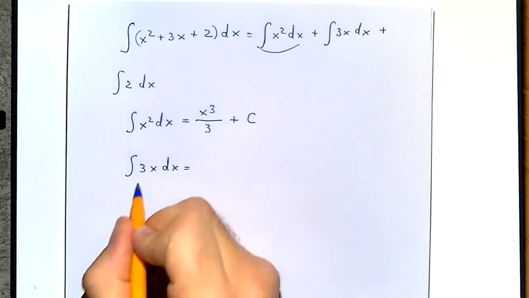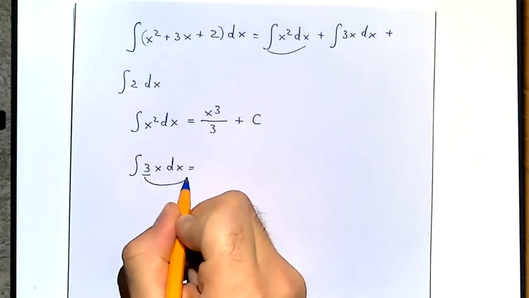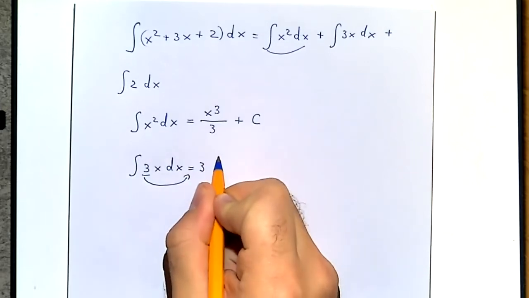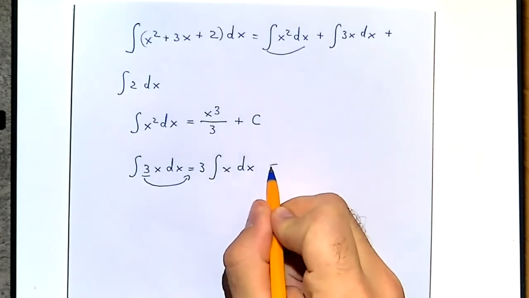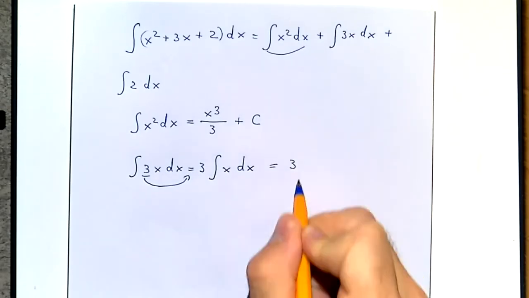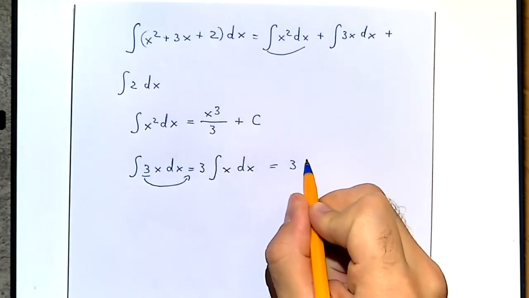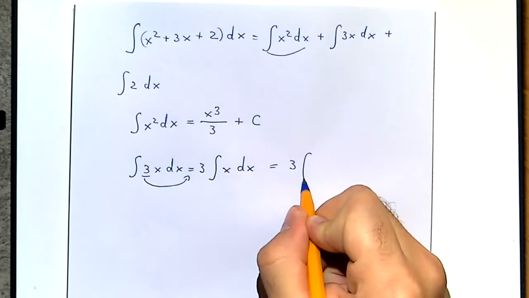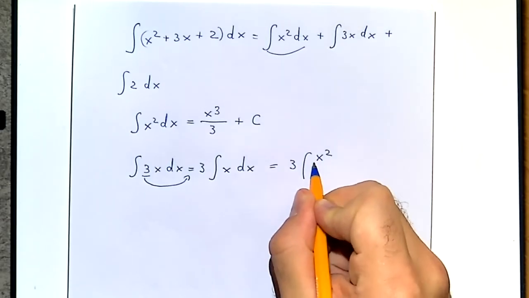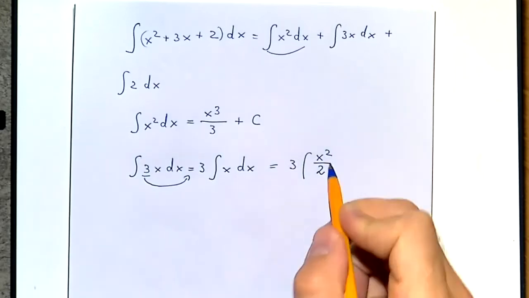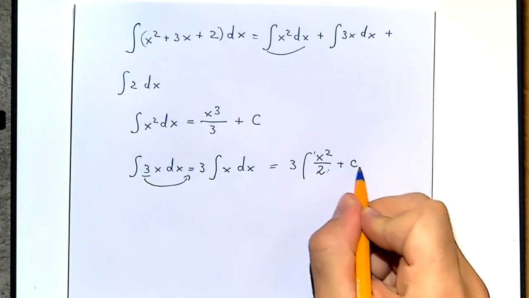Anyway, right here I have this integral. I have a constant that's free, so I'm just going to pull it out of the integral: 3 integral x dx. And again, using the formula or whatever we want, this is just equal to 3 times, in parentheses, x squared over 2, because when I take this derivative, I'll get x plus a constant.